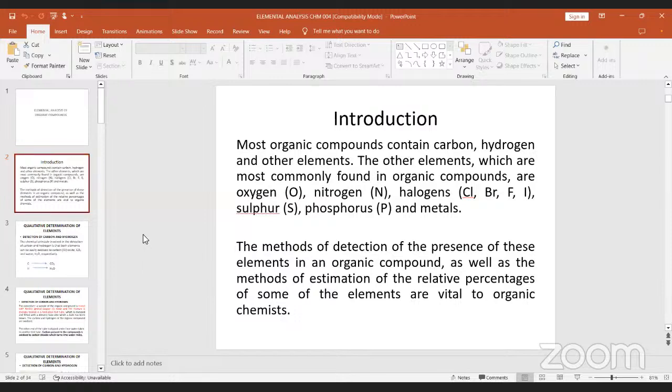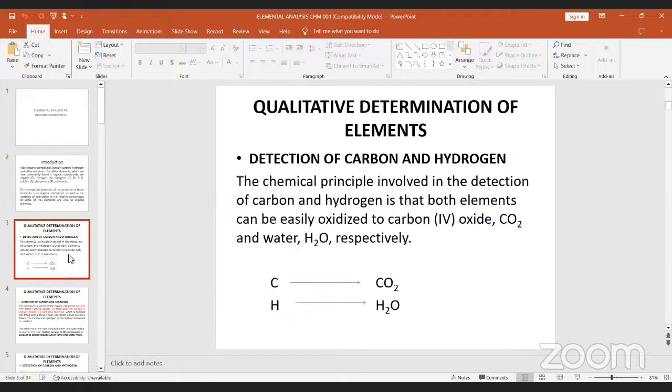With regard to carbon, you can do this by oxidizing the compound, subjecting the compound to an oxidizing environment, which converts the carbon to carbon dioxide and the hydrogen to water.